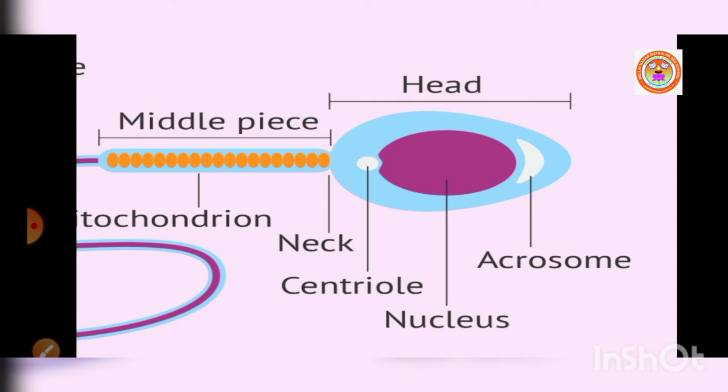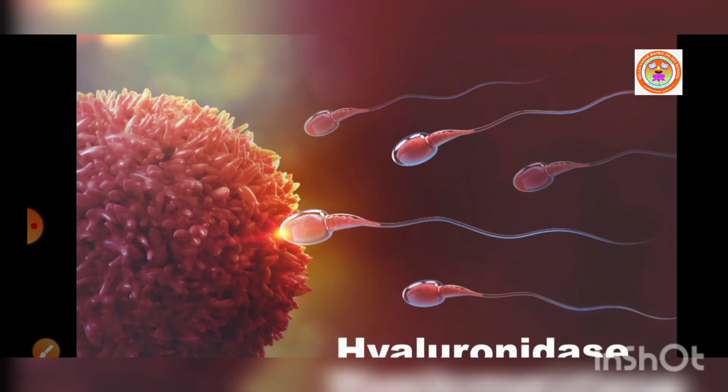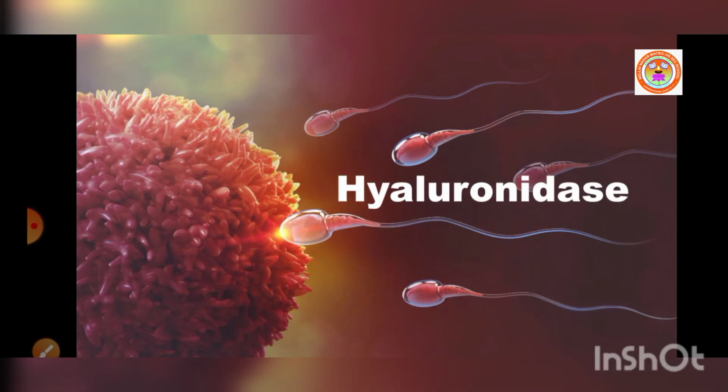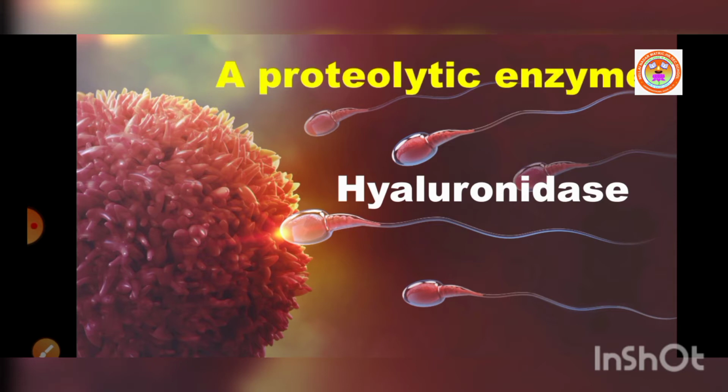It contains hyaluronidase. What is hyaluronidase? It is a proteolytic enzyme popularly known as sperm lysine. Proteolytic means protein digesting. So, hyaluronidase is a protein digesting enzyme that is called proteolytic enzyme.